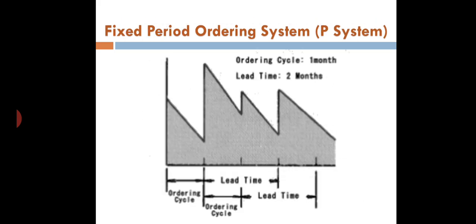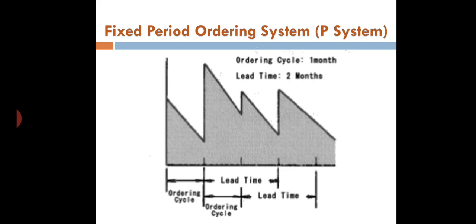Now coming to the P system, here it is a fixed period ordering system. Instead of a reorder point quantity, you will be ordering based on time. Once you fix an ordering cycle, and you reach that particular ordering time, you will definitely put the order. Like, say you are putting orders once in 2 months, without considering how much quantity is being consumed.